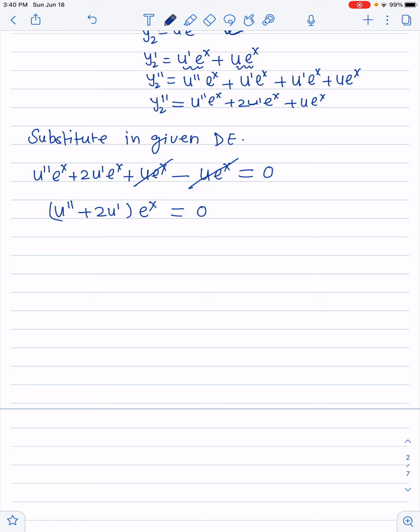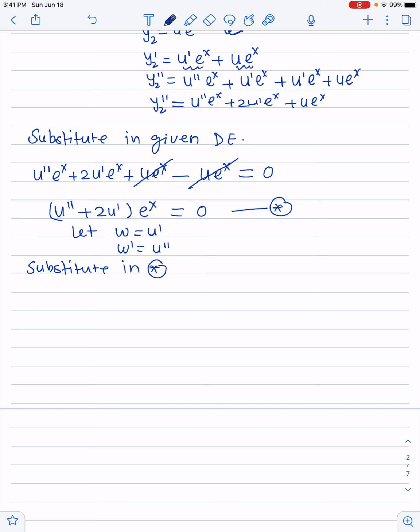Now once you plug these values in, you have to reduce the order of this differential equation, because the method is reduction of order, and that can be obtained by letting w equals u prime. So let w equals u prime, then w prime will be u double prime. So I'm going to plug these values into the above equation, star.